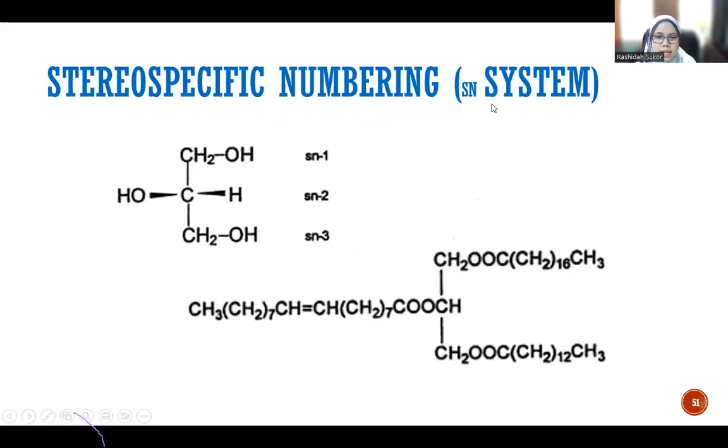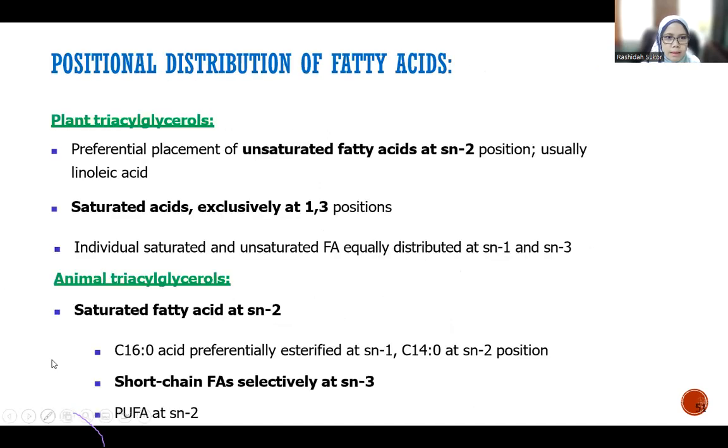Stereospecific numbering, the SN number, this is the numbering lah, kita panggil SN1, SN2 and SN3. So depending on where the location of the fatty acid tu. Okay, SN1 what fatty acid, SN2 what fatty acid, and SN3 which fatty acid. Okay.